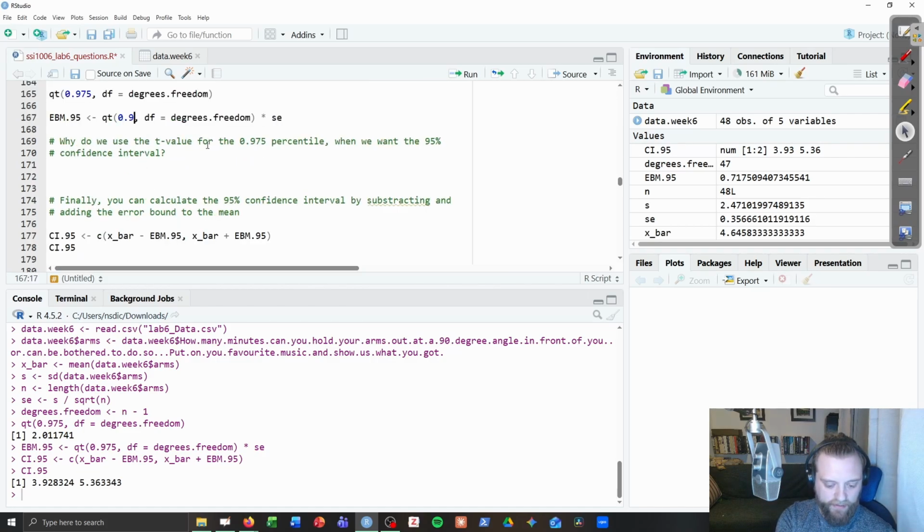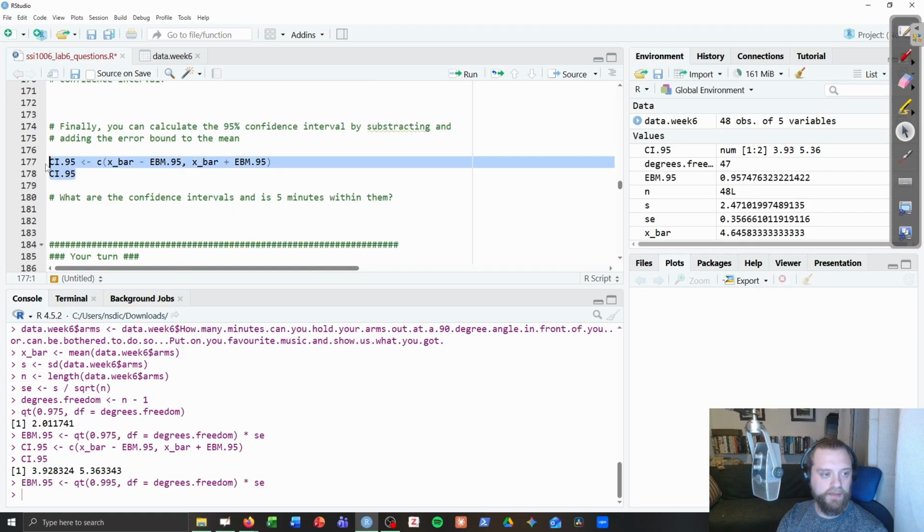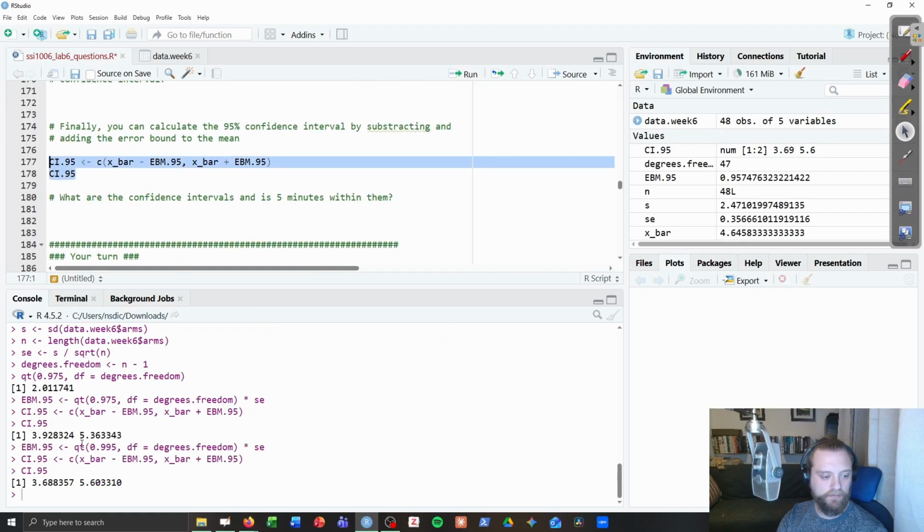Now, this would be 99% confidence. So 0.995, because we have to split this between both parts of the distribution. Now, if I run this and run this again, what we can see is those confidence intervals get a bit wider.